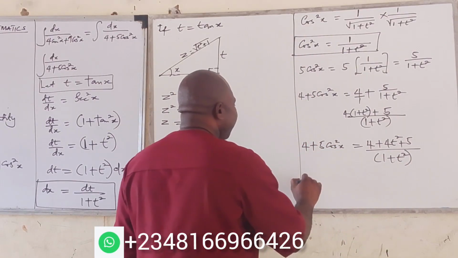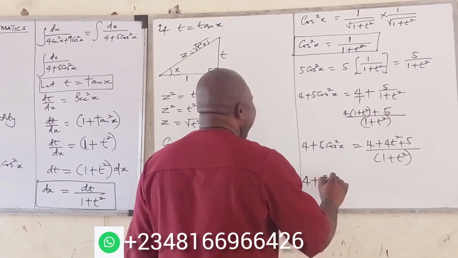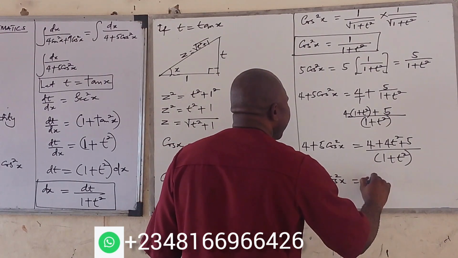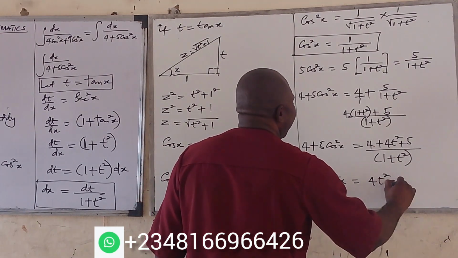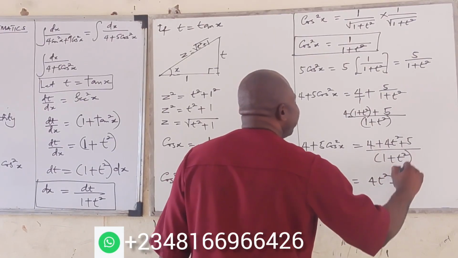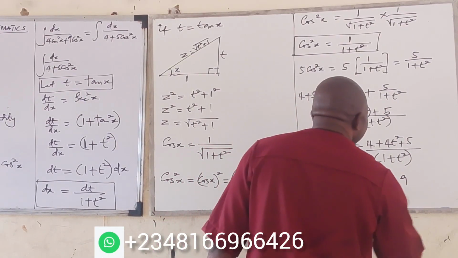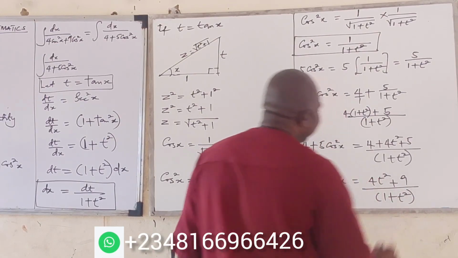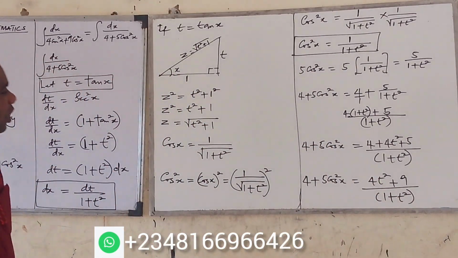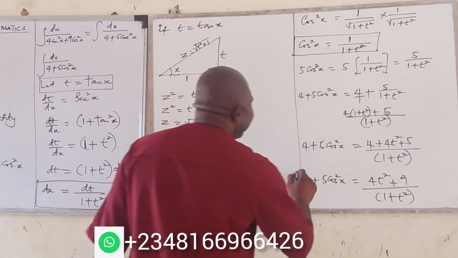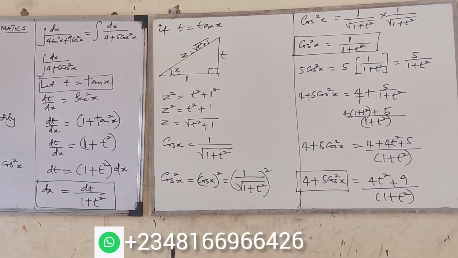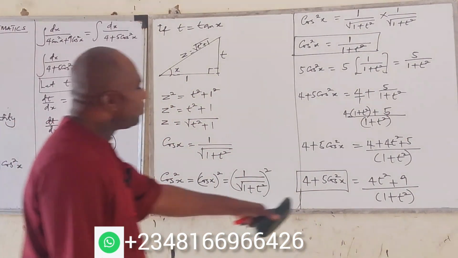So 4t squared plus 4 plus 5 is 9. So here we have 9 all over 1 plus t squared. So that's the value of our 4 plus 5 cos square x. Now let's look at 1 all over this value.